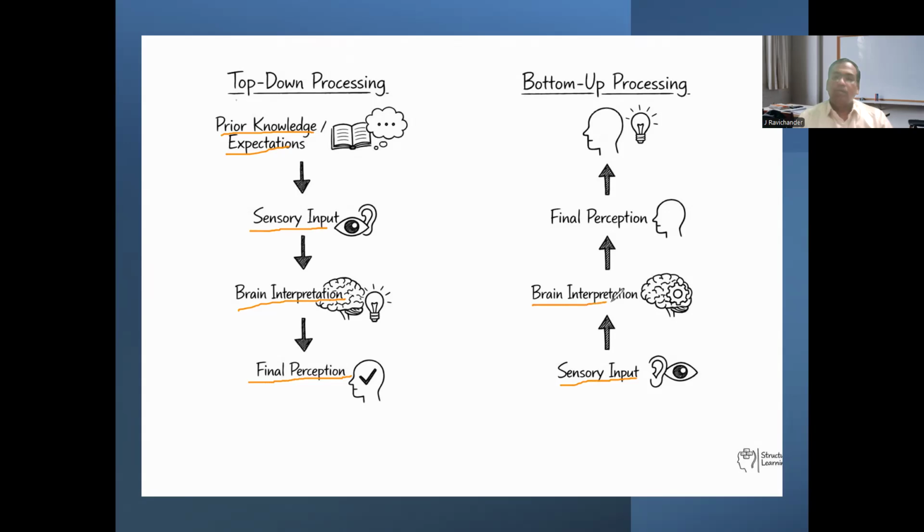Then our brain interprets that particular information. Then we get the final perception. From that, you can identify the things. So this is regarding top-down processing as well as bottom-up processing.